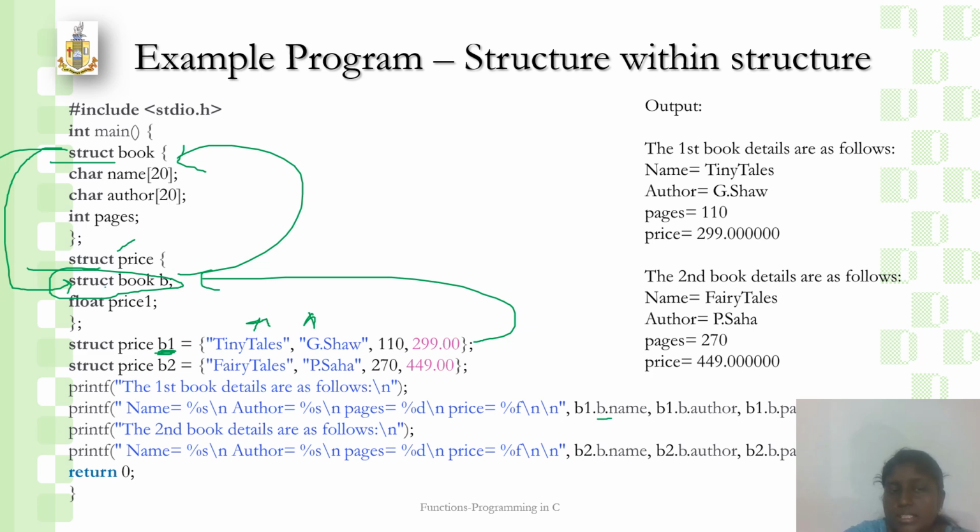We are calling this structure book by a structure variable B. So for this B, this has to be added here. For price, we need not add any further variables. We'll be adding B1 dot price 1. So that will be fine for your output.